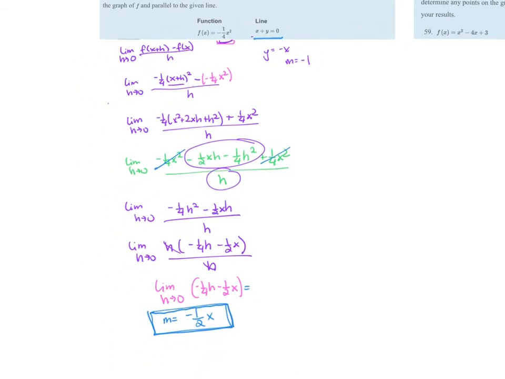So you're going to go ahead and plug that in. y equals negative 1/2 x, and that's going to equal negative 1 because we want the slopes to be equal, right? This is the slope at any point on this function, and then we want a slope of negative 1, so you set it equal to that number you want.